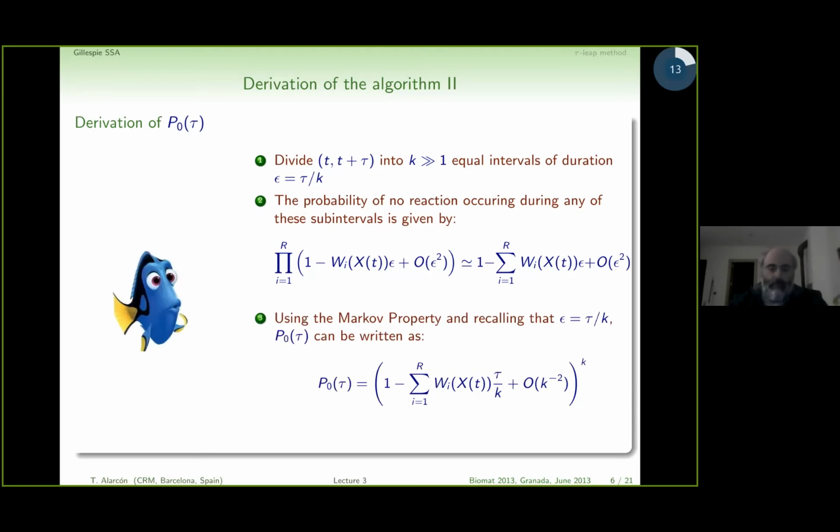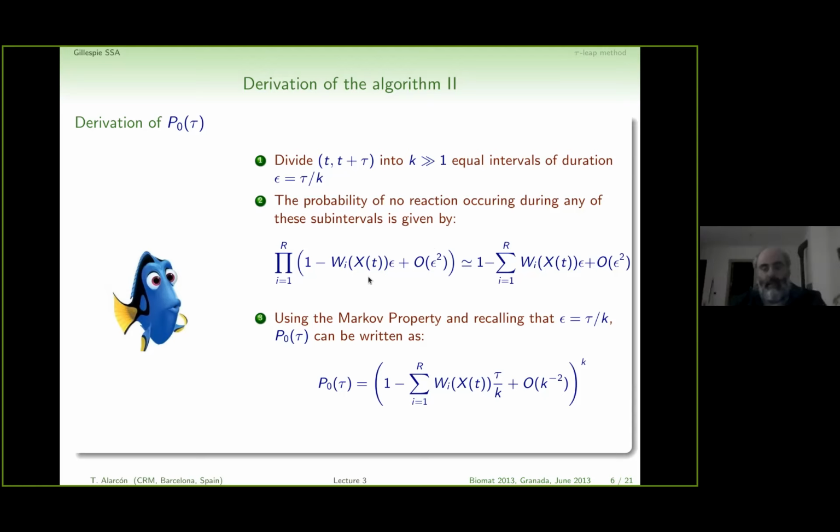Sorry, I have a question. I didn't understand exactly the term of higher order of epsilon squared. Well, let's imagine that we have a parenthesis here.